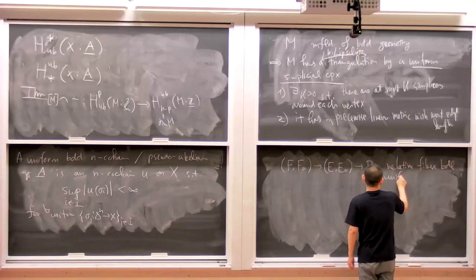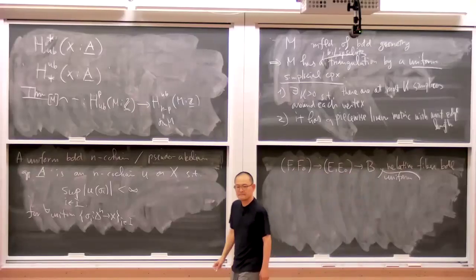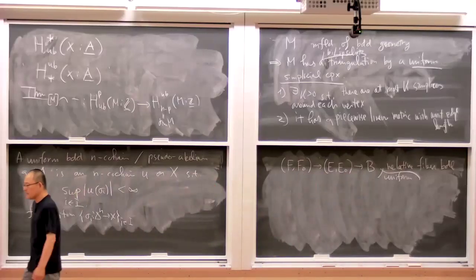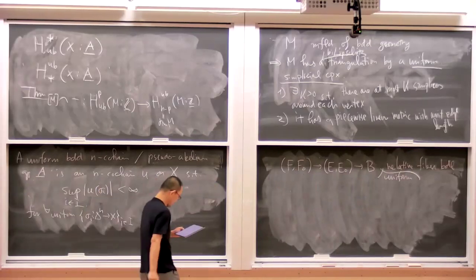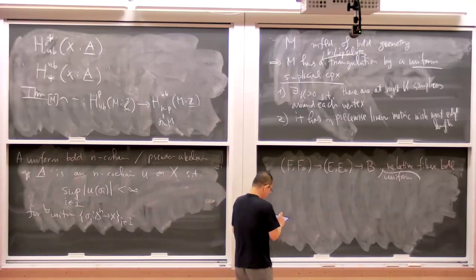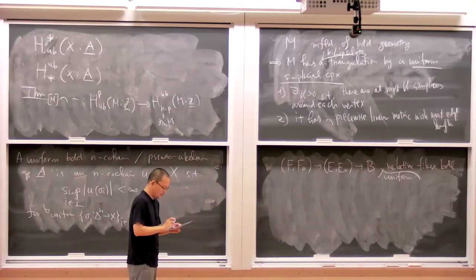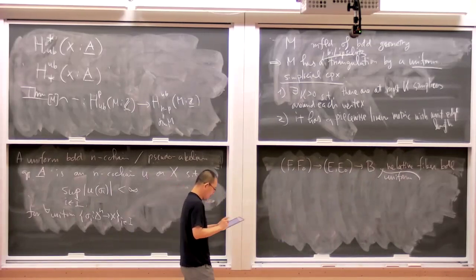Right. So for this uniform relative fiber bundle, we can build up the obstruction theory in the following form.